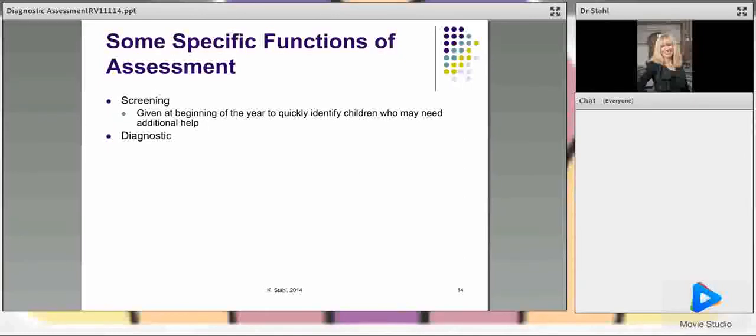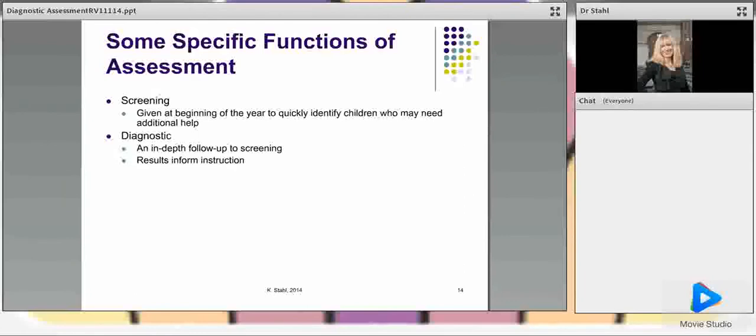The diagnostic assessment is what we'll use to do an in-depth follow-up to identify particular areas where children may be encountering difficulty, and within those areas, what their strengths are, where the process is breaking down, and what they are ready to learn.